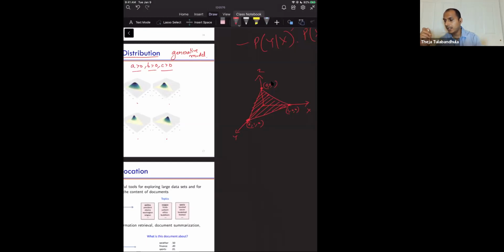Every point on this plane is such that its coordinates sum up to 1. For example, the corner points clearly sum up to 1, because 0 plus 0 plus 1, for example, is 1, and so on. So all these corner points are definitely probability mass functions.